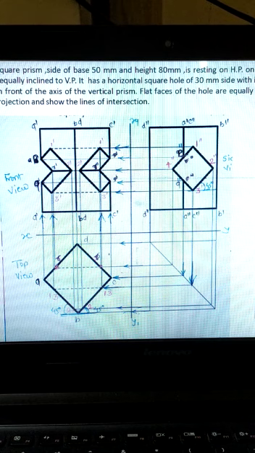To start with the projection, I will transfer my first points 1 double dash and 3 double dash to the top view, and I will now define them as 1 and 3.